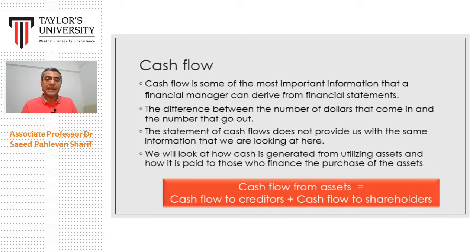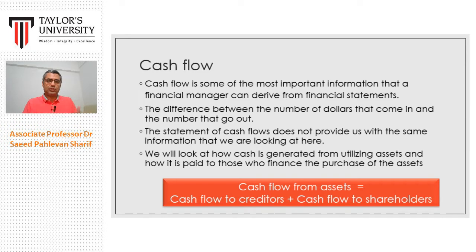So the cash flow generated from assets equals the cash flow that we pay to the creditors plus the cash flow that goes to shareholders. This is exactly what you saw in the balance sheet: assets equals liability plus shareholders' equity.